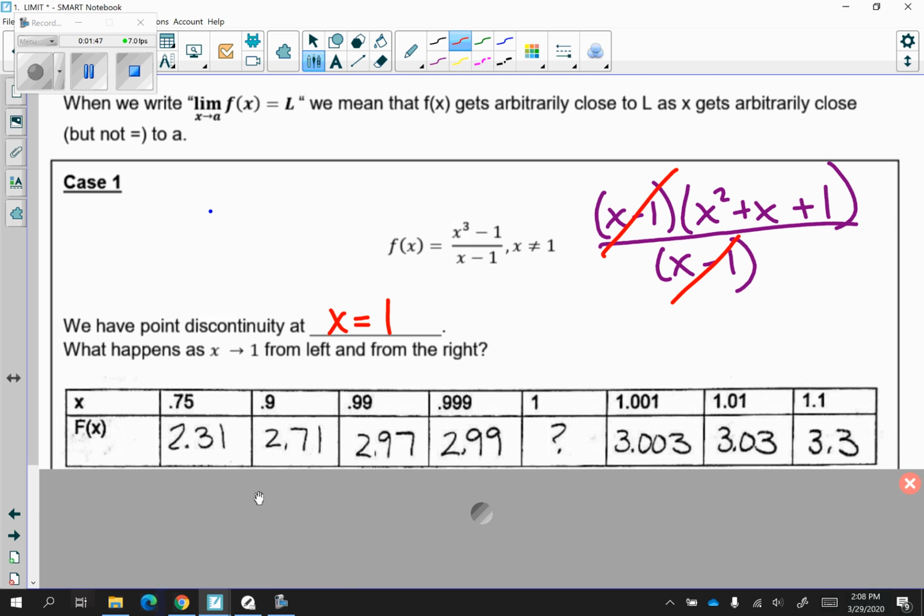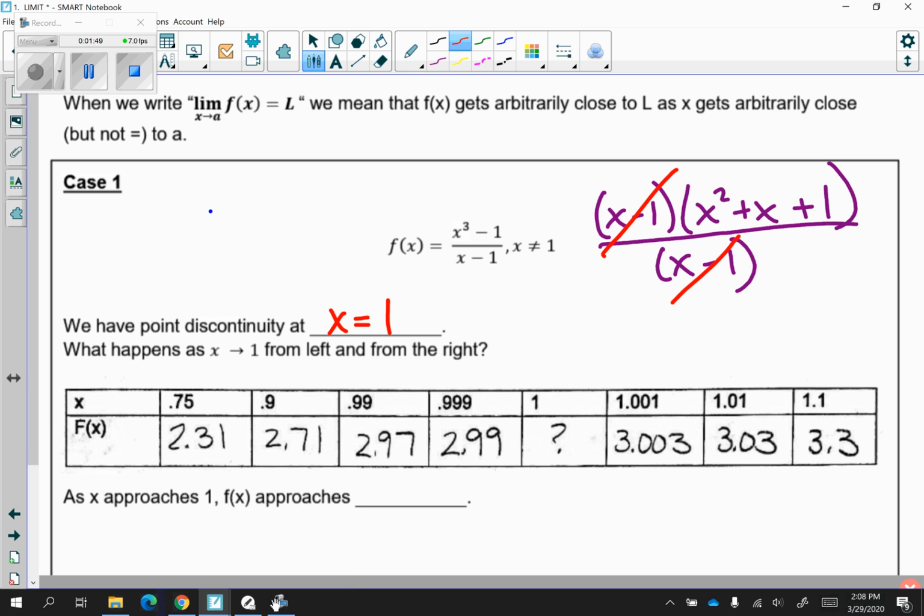So I would use my graphing calculator to input these x values into this function. I did so. And notice I have f of x is equal to 2.31, 2.71, 2.97, 2.99, approaching from the left, and from the right, 3.003, 3.03, and 3.3. So what number is this approaching?